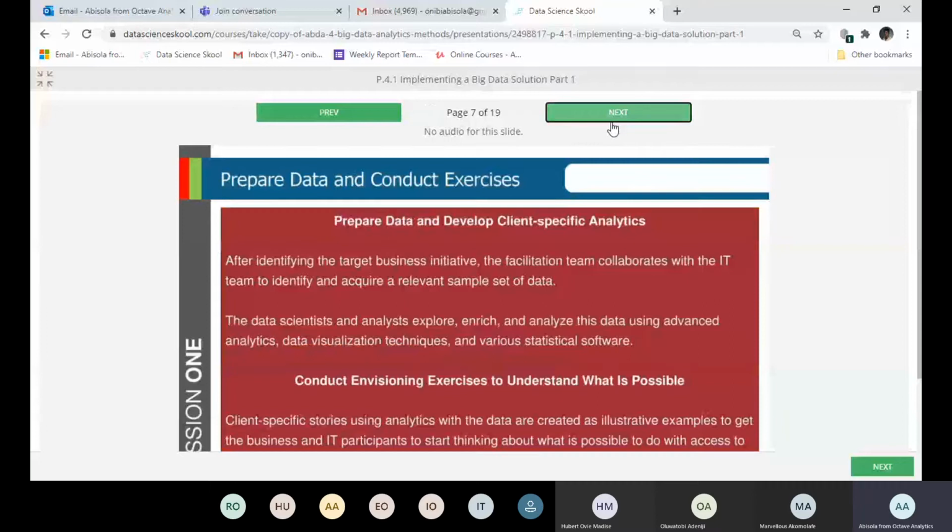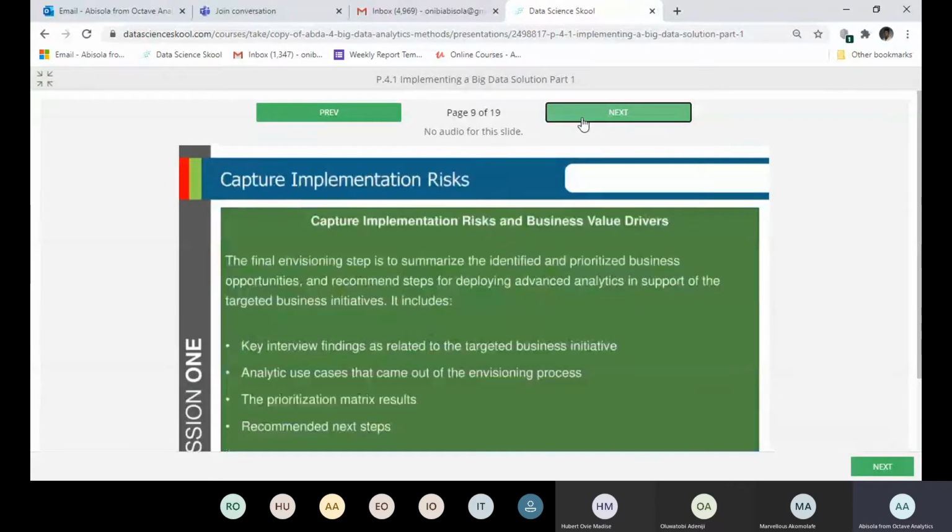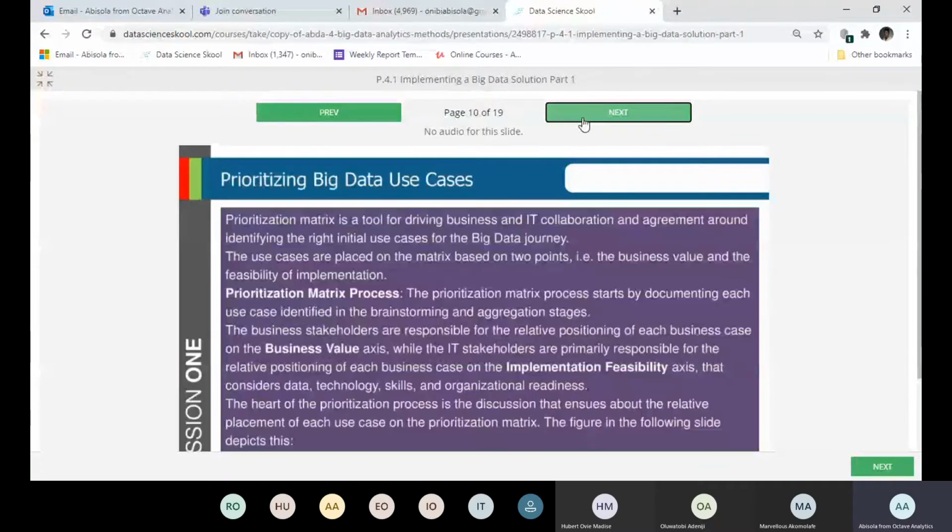So let me see my next slide. Okay, so now this is what they do. I want to see if this is according to the way I want it. Capture, implementation, risk, prioritizing big data use cases. Okay, so it's kind of numbered in the textbook.